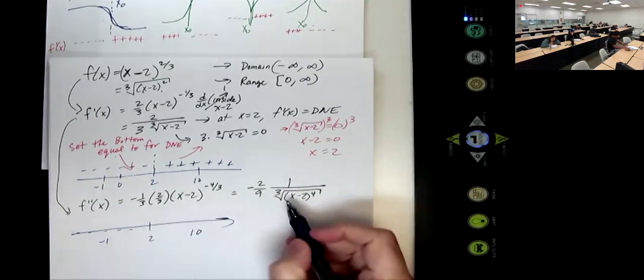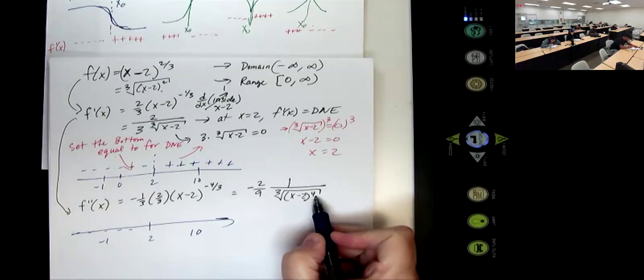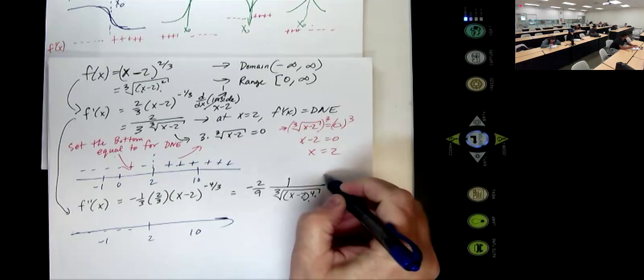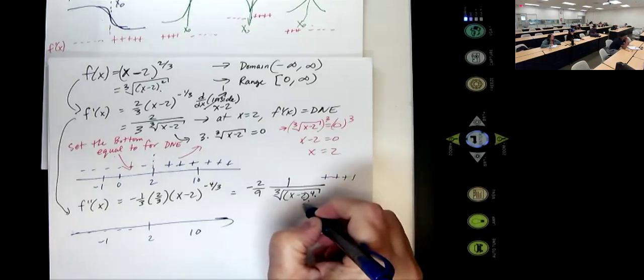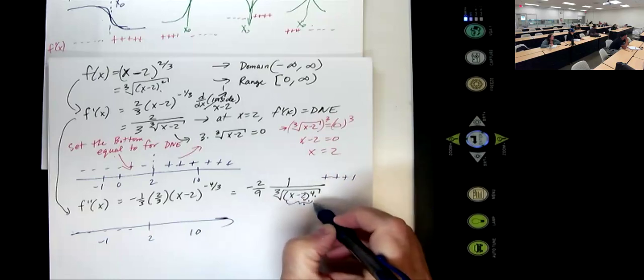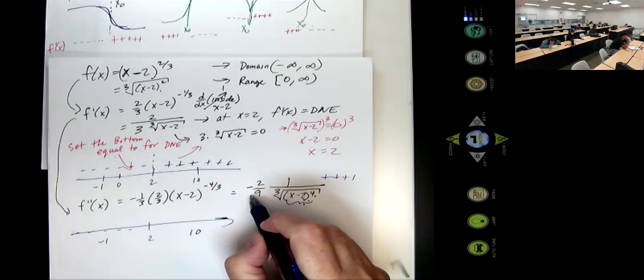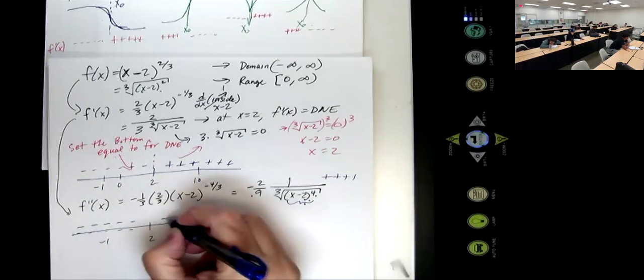If I stick in -1, this becomes -3, but to the 4th power is positive. In fact, this whole thing is gonna be positive no matter what, because this is always to the 4th power, it's an even one, it's always positive. But the negative out front is gonna make it concave downward everywhere.